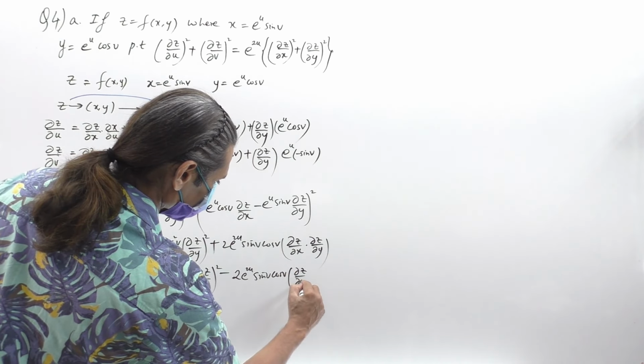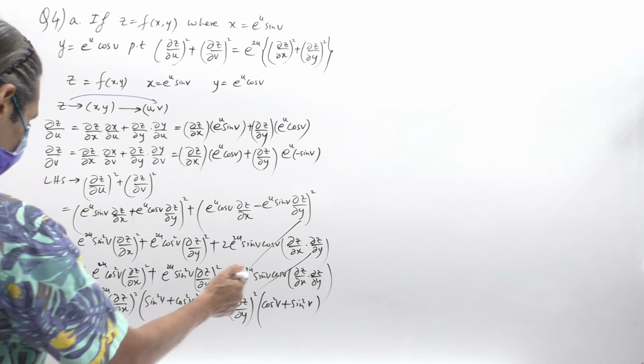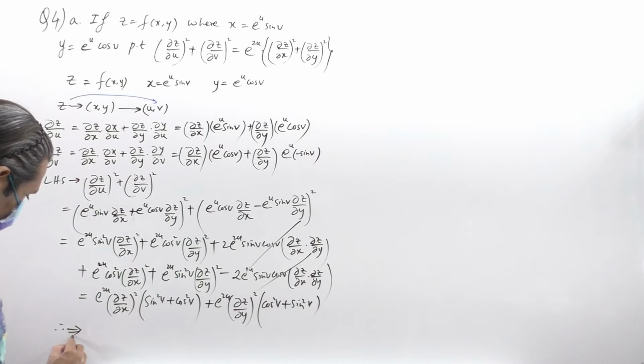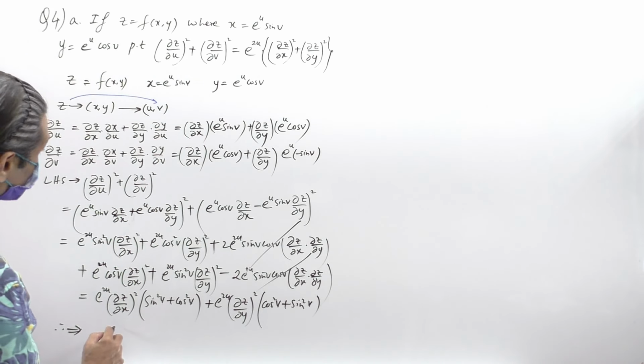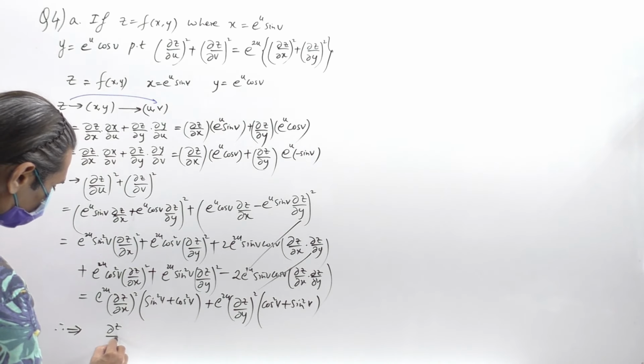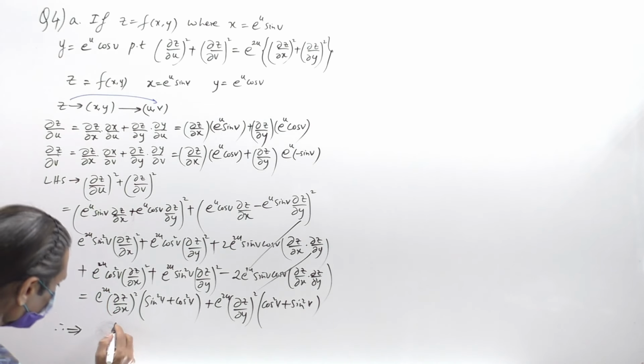Again from here, I can take e raised to 2u (∂z/∂y)² and common is again cos² v plus sin² v. And as you know, sin² plus cos² or cos² plus sin² is 1. So this becomes 1. That implies, therefore, we have it here, ∂z/∂u.